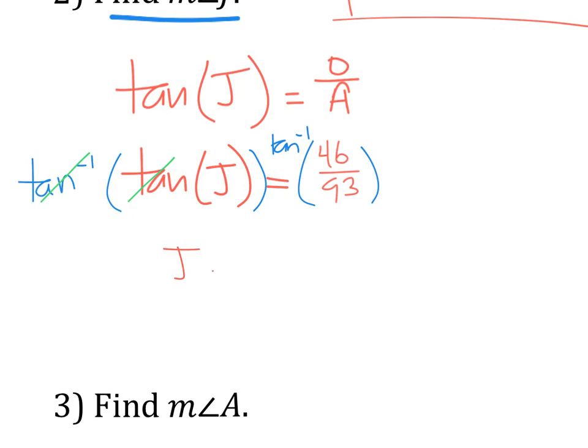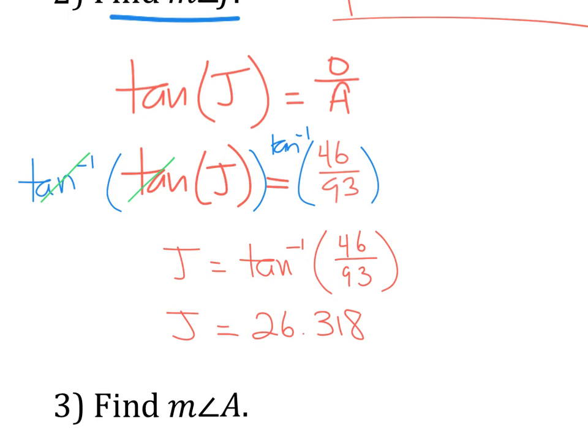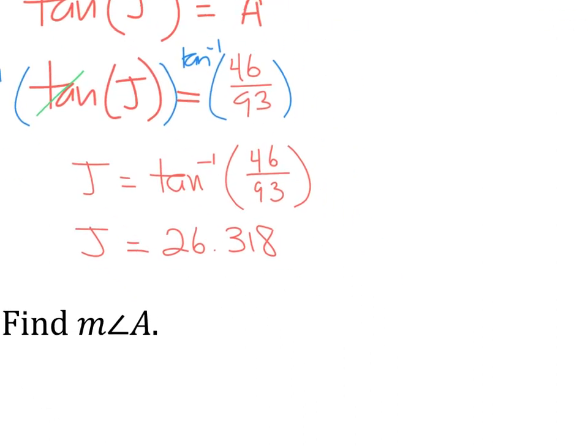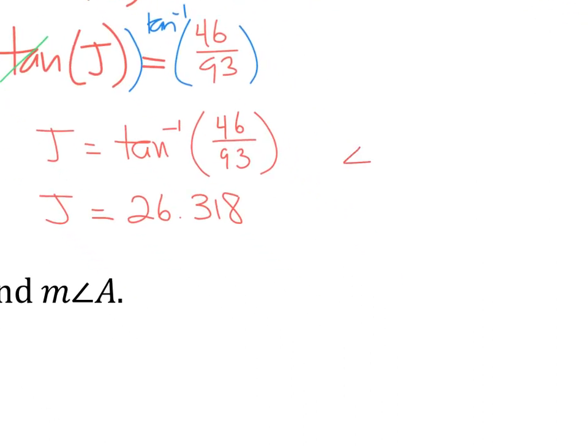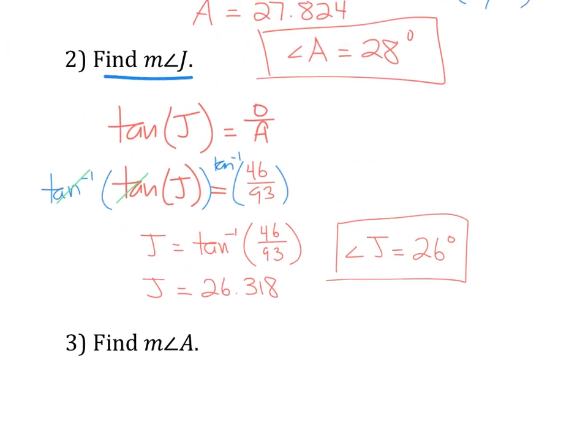And so J equals the tangent inverse of 46 over 93. Put that into your calculator, and you'll find that that should be 26.318, which as a whole number, angle J would equal 26 degrees.